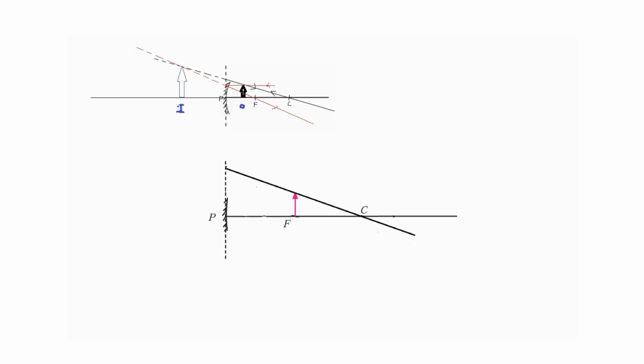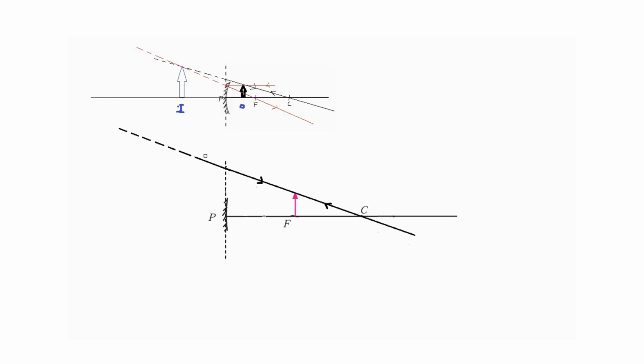Okay. So did you draw it like this? The ray comes and bounces back. Can you draw it behind with dotted lines also? Because we never know where the image will be formed. Okay. So it is a dotted line.